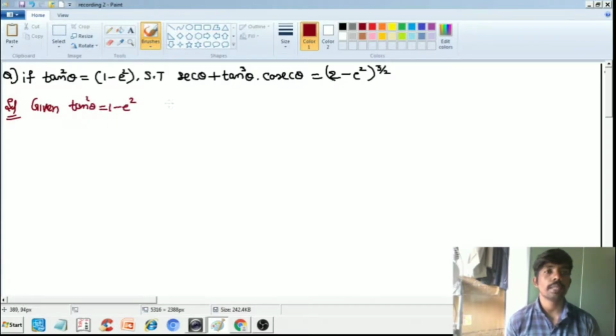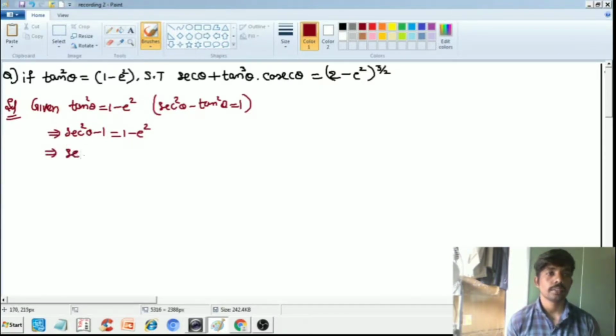From formula we have one formula. What is that? Secant square theta minus tan square theta is equal to 1. So from this formula, in the place of tan square I can write secant square theta minus 1 is equal to 1 minus e square.